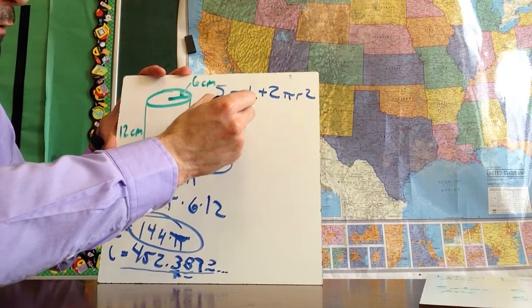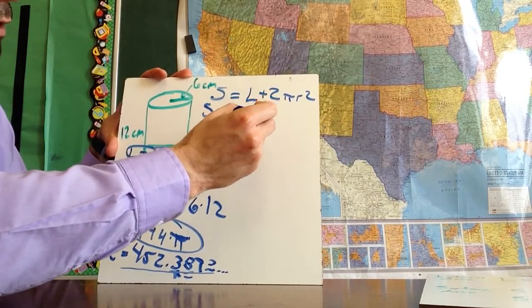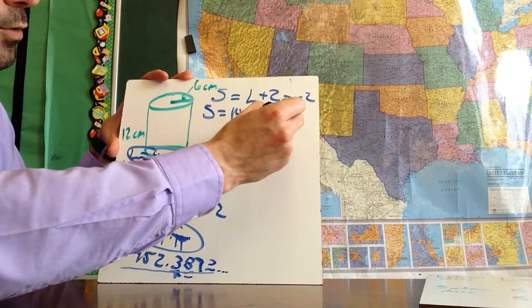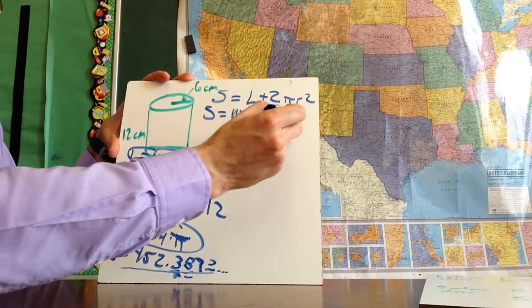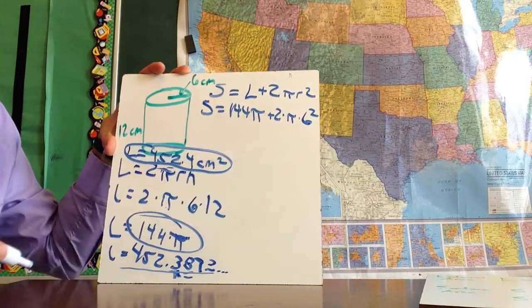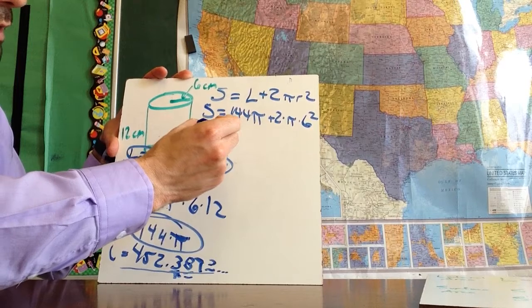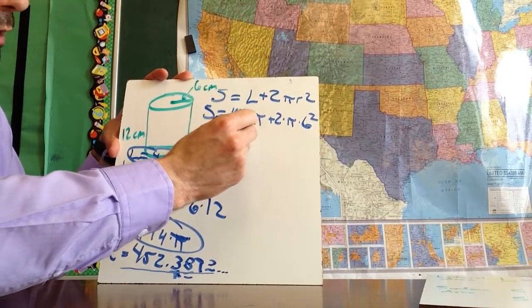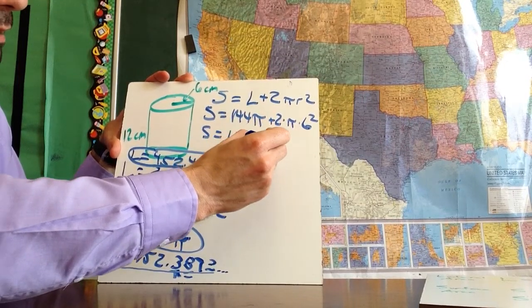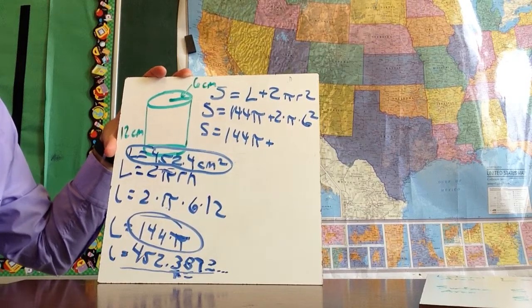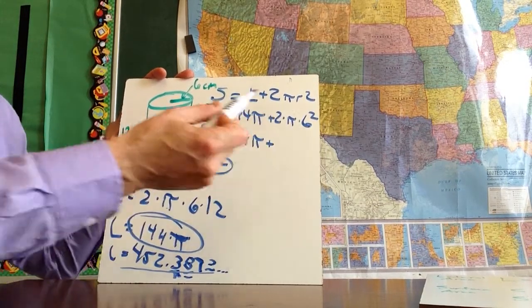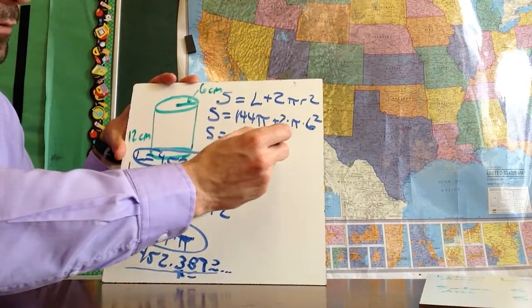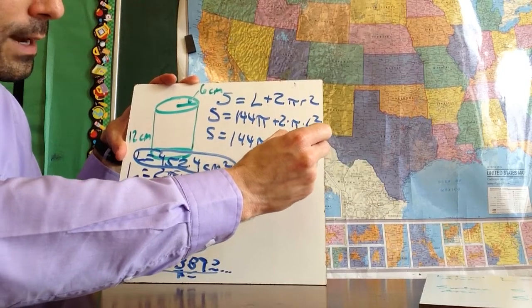So I'm going to go 144 pi, or 144 times pi, plus 2 times pi times radius squared, so that's 6 squared. So this is going to be 144 pi plus, this becomes 36, and 36 times 2 would give me 72 pi.